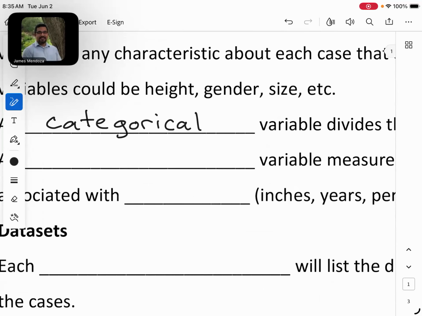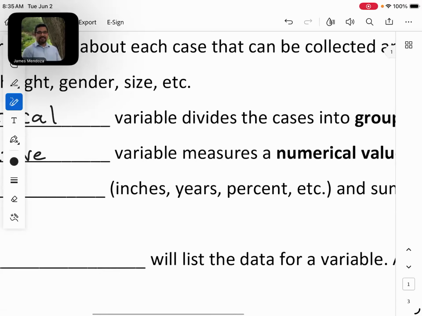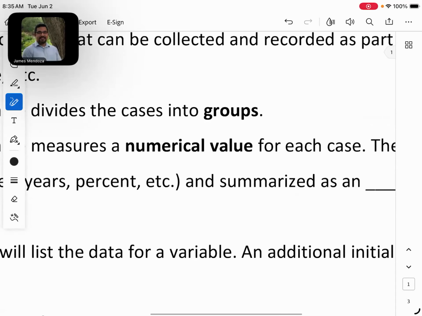The other type of information that you can collect is going to be a quantitative variable. Quantitative means that this type of information is numerical. That could be people's ages, like you're 18 years old, 21 years old, 44 years old.